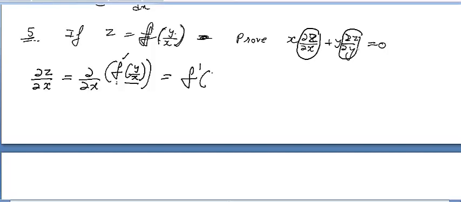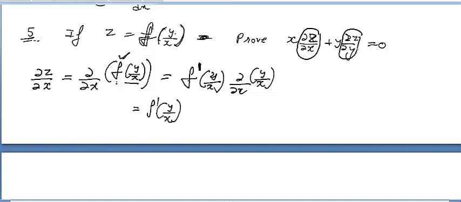Derivative of f, I will take as f dash. Okay. And derivative of u, this is f dash u, and derivative of u with respect to x again. Derivative of y over x again. So derivative of this is f dash of anything, and derivative of u is again f dash y over x.